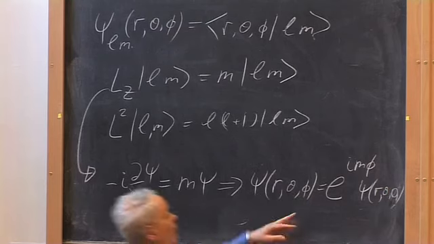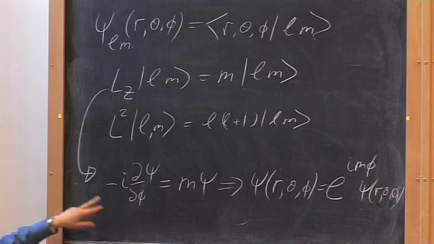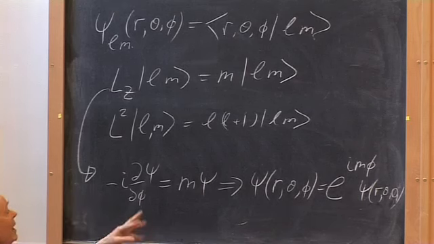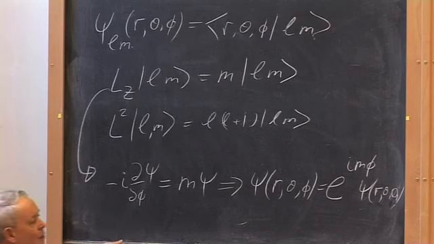So there's some kind of a constant here, right? This thing doesn't depend on phi. If you differentiate this with respect to phi, you bring down an im. The i's make another minus sign that cancels this, and you end up with m times whatever it is.